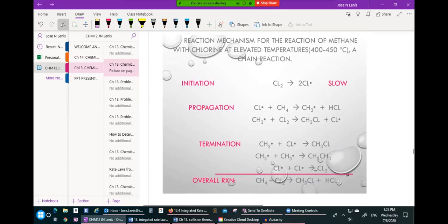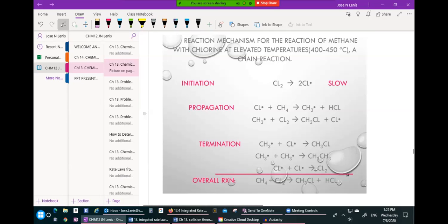I have one example here. This is a very classic example of a reaction mechanism for the reaction of methane with chlorine at high temperatures, around 400 to 450 degrees Celsius. This is a chain reaction, where the first step is the formation of radicals.